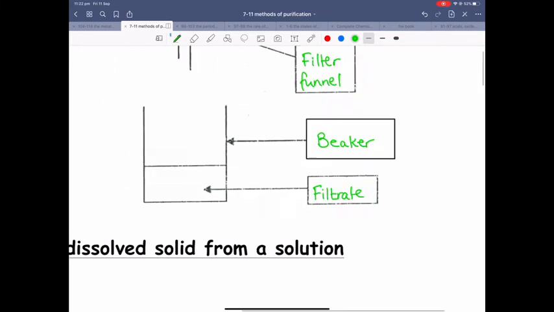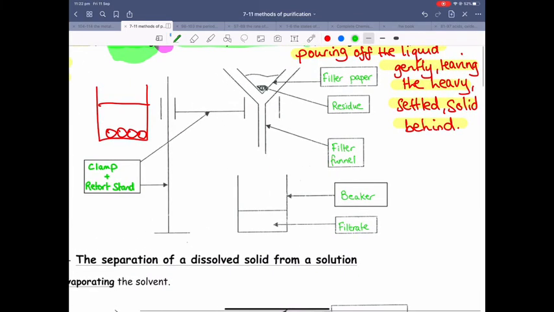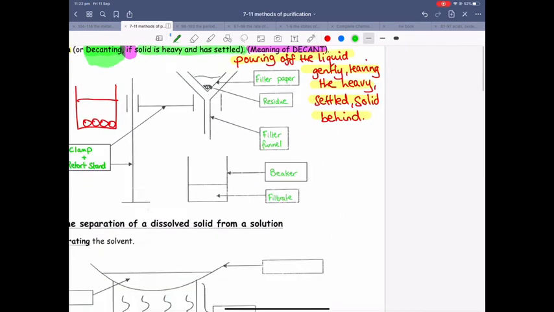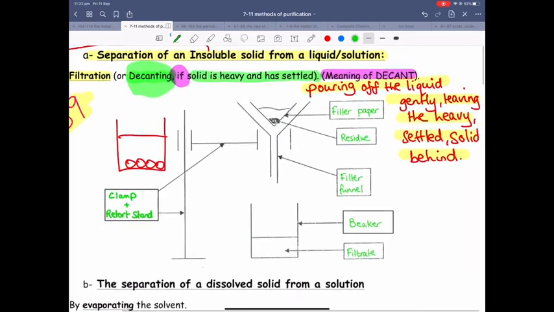Now, obviously the actual filtrate is going to depend on what you're filtering. So if you're filtering sand from water, the filtrate is going to be the water. If you're filtering tea from tea leaves, the filtrate is going to be tea, and so on and so forth. And that's basically the labels.